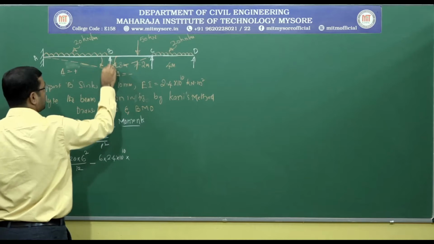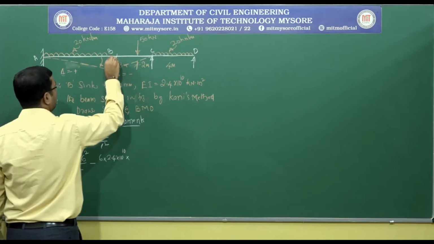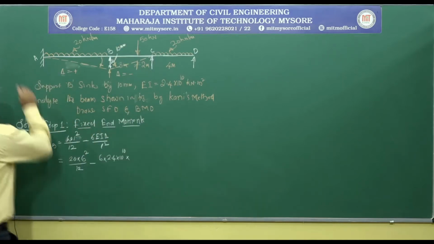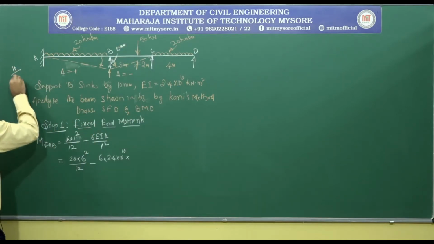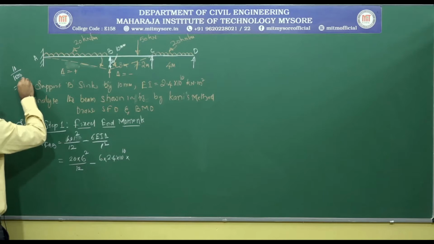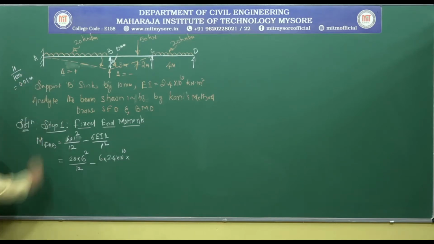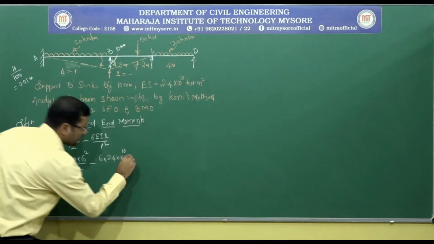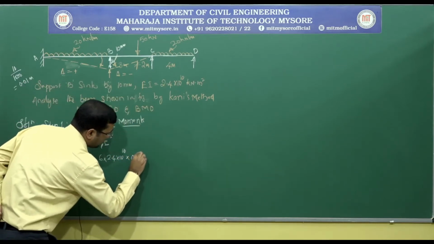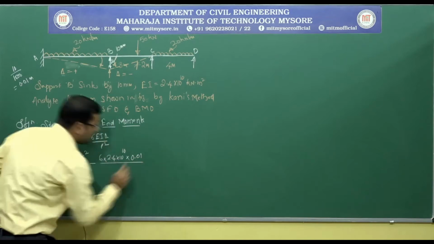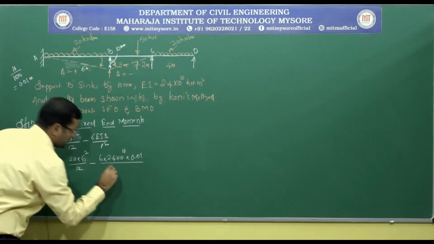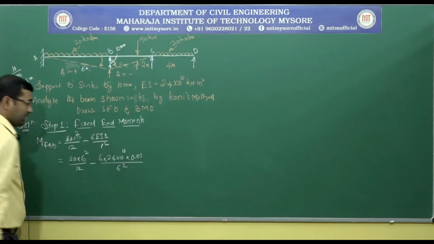So the deflection or the deformation is about 10 millimeter. 10 millimeter means 10 by 1000, which is about 0.01 meter. The delta value is 0.01 meter divided by L, and the span is 6 meter, so it is 6 square.